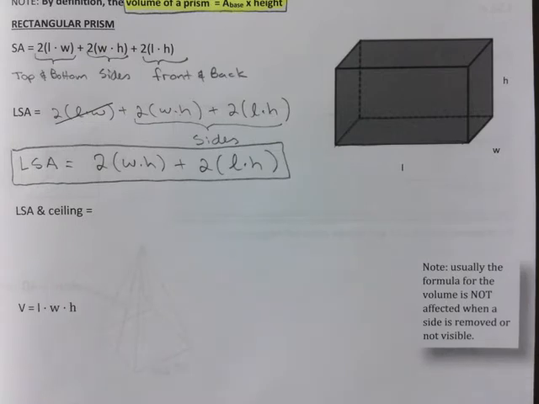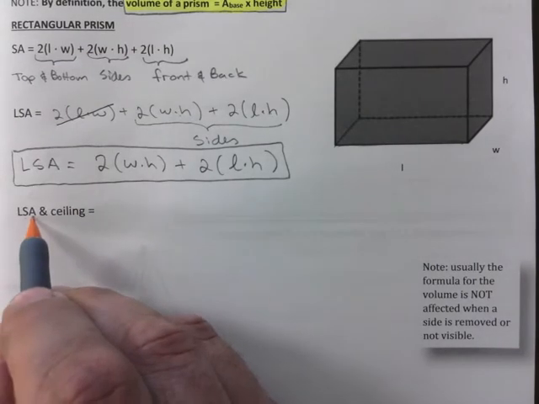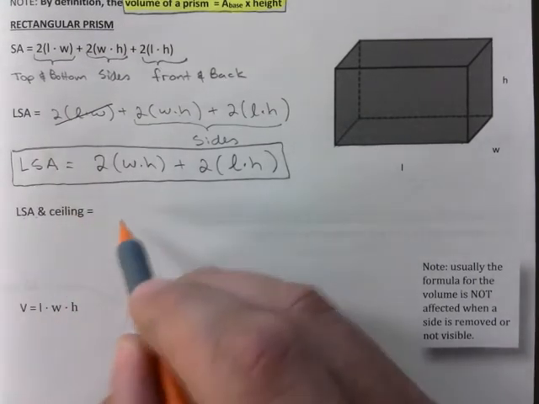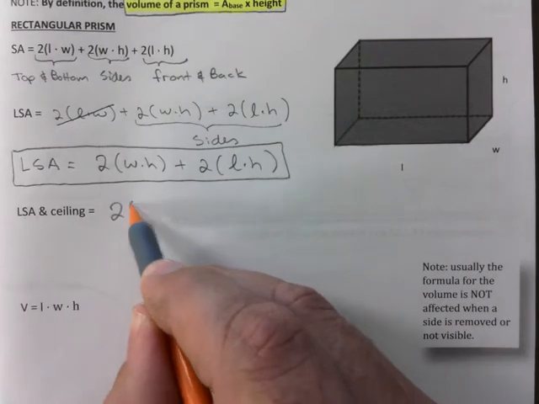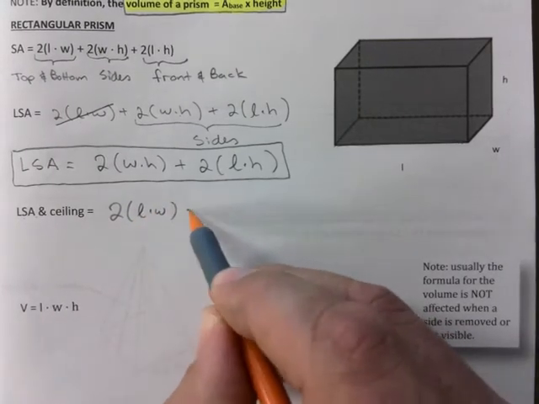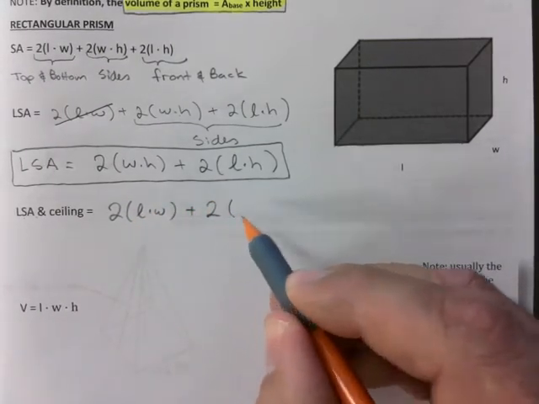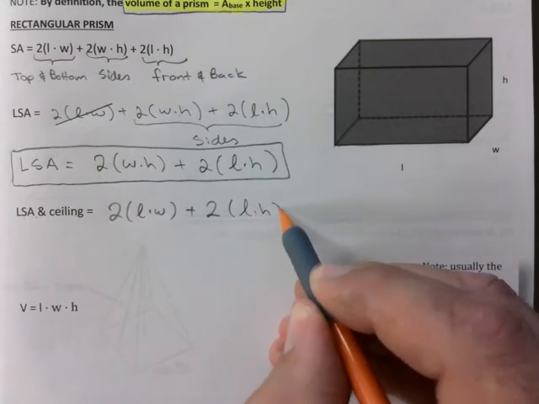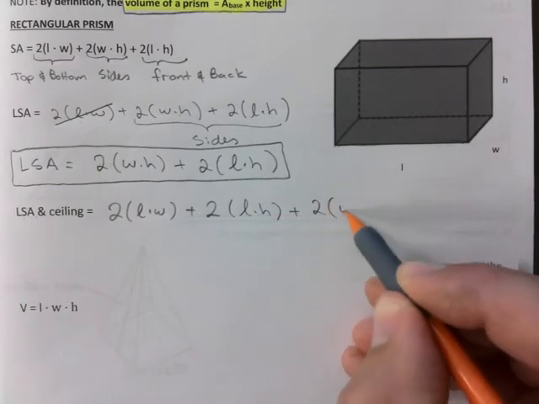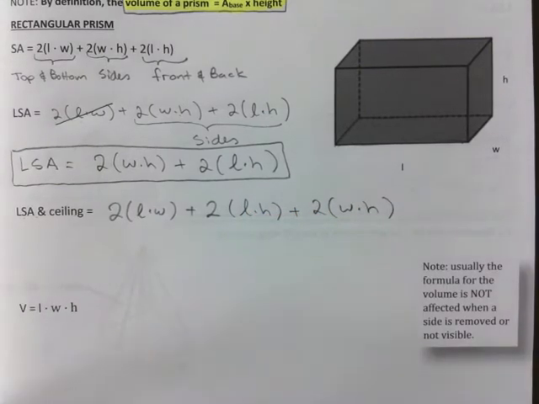What if, though, sometimes we do paint the ceiling? Every once in a while, the ceiling needs to be painted. So if it's lateral surface area and ceiling, let's write out the whole thing again. Trust me, I need you to do this. I know you get it already, but remember, you only learn math by doing math. When you write stuff down, you're kind of like, okay, got it.